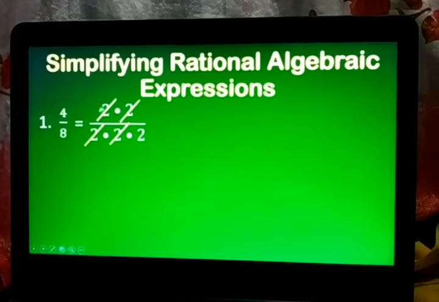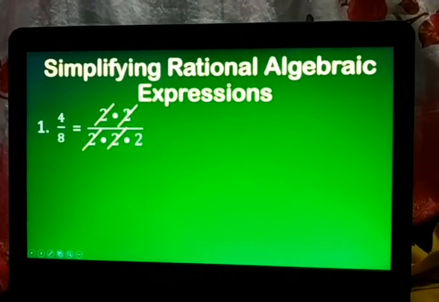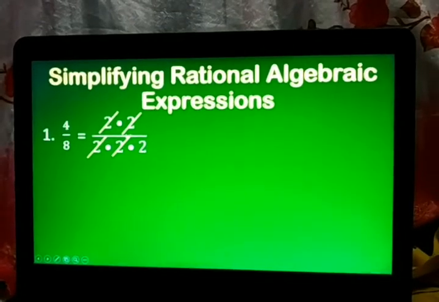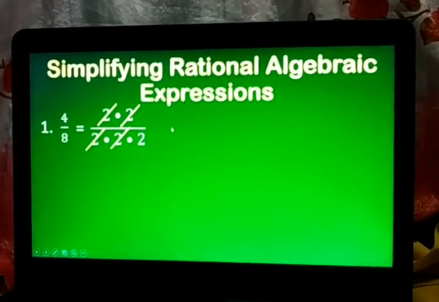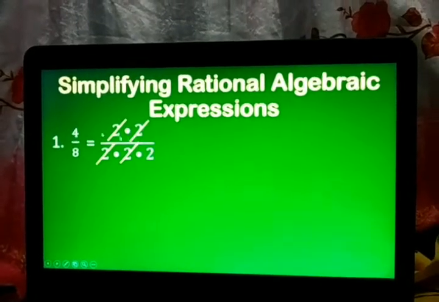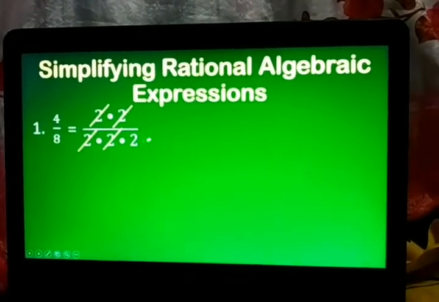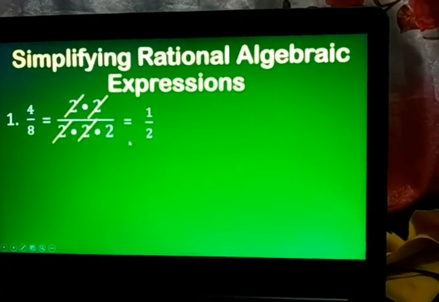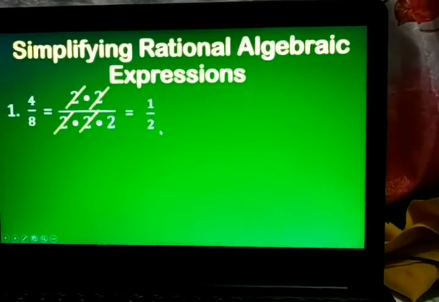And the remaining factor on top is only 1. Every canceled factor stands as 1. 1 times 1 equals 1. In the denominator, there is a remaining 2. So 1 times 1 times 2. The answer is 1/2. The simplified form of 4 over 8 is 1/2.